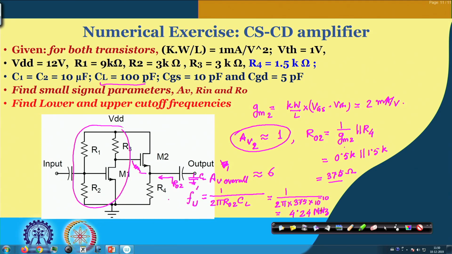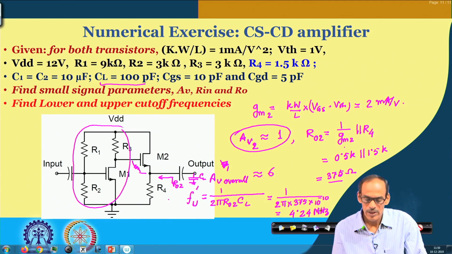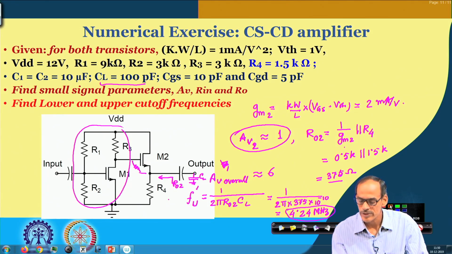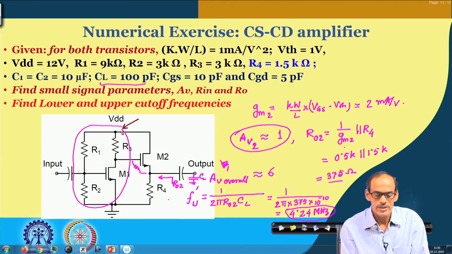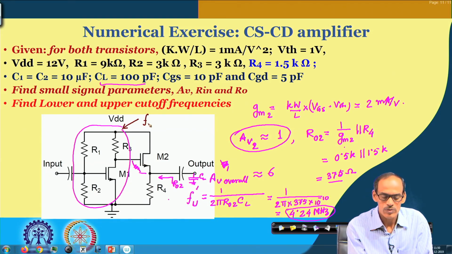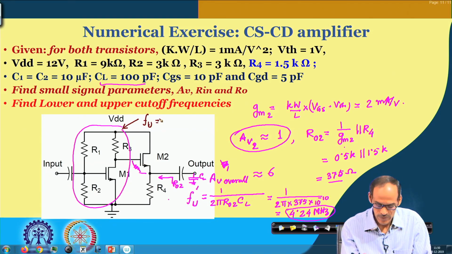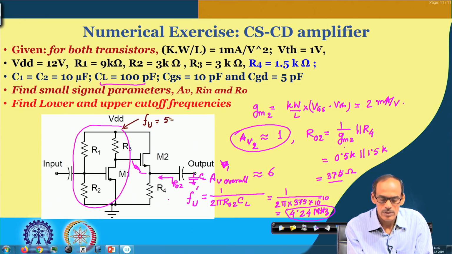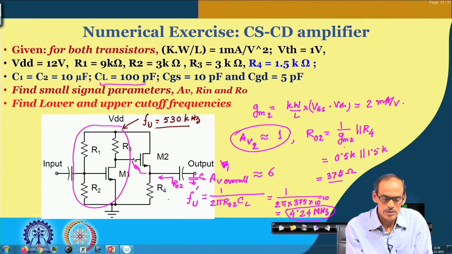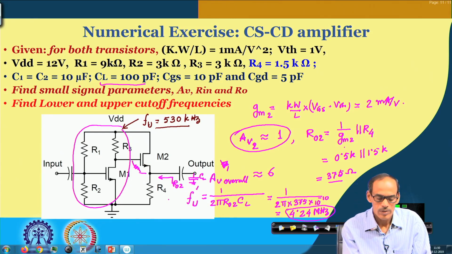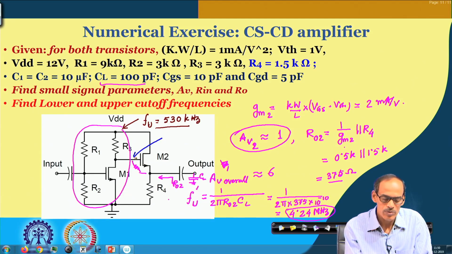So, you may recall you can compare this frequency with the original pole of this CS stage, which was Fu, 530 kilohertz. Now, we also have to consider the other candidate for defining the upper cutoff frequency, coming from this point.